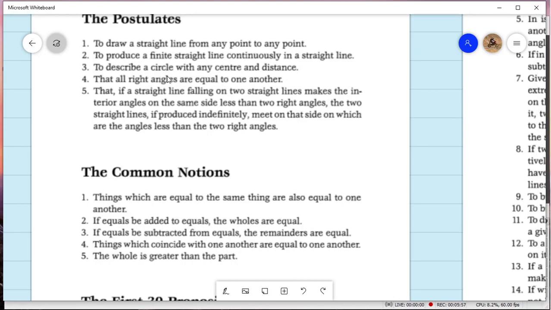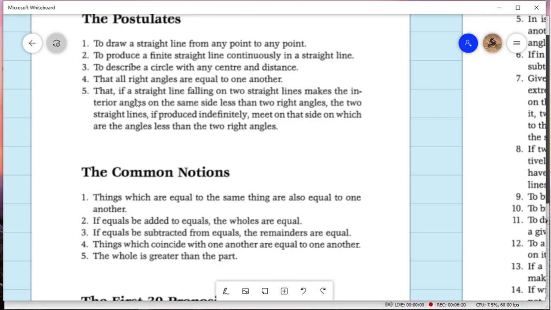Third, to describe a circle with any center and distance, meaning given any point as the center and a particular distance, a positive number, we can make a unique circle. Number 4, all right angles are equal to one another, meaning all right angles are congruent.